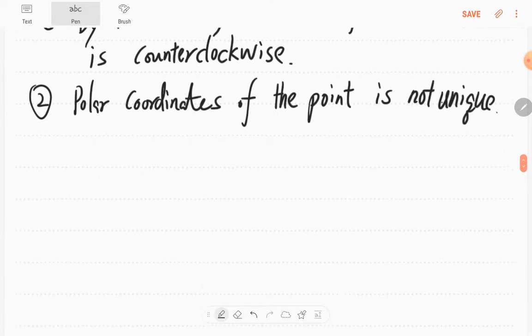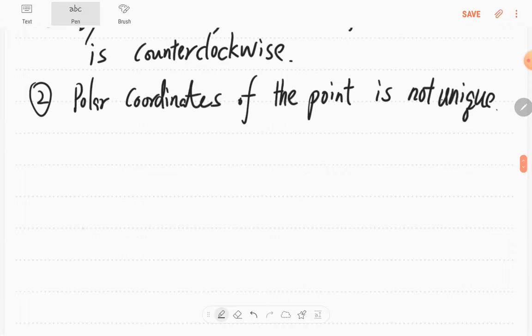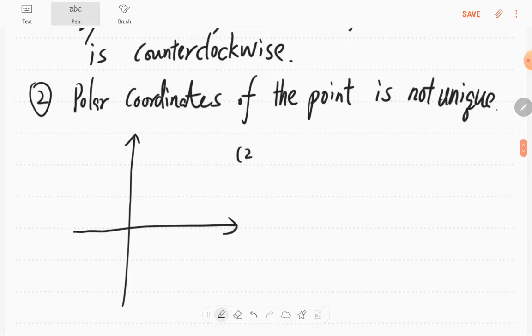For example, if we want to locate 2 and pi over 6, that means the angle is pi over 6, which is here, and the distance is 2. So this is this point, right?